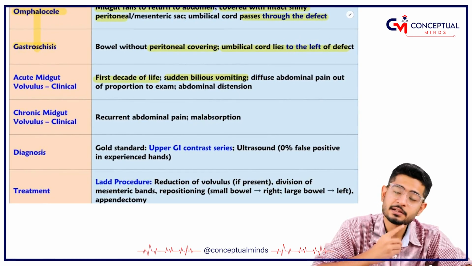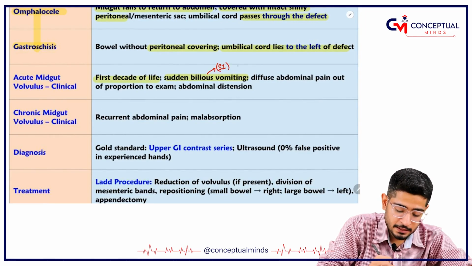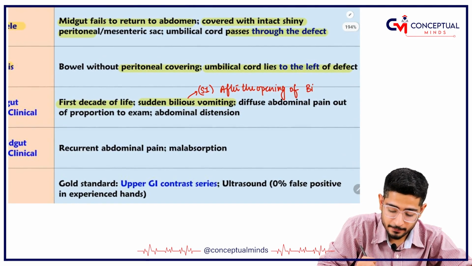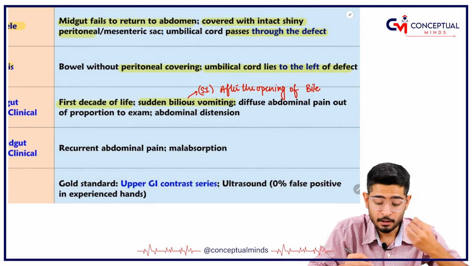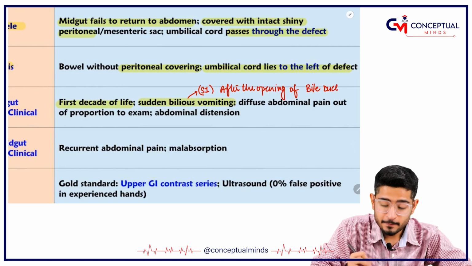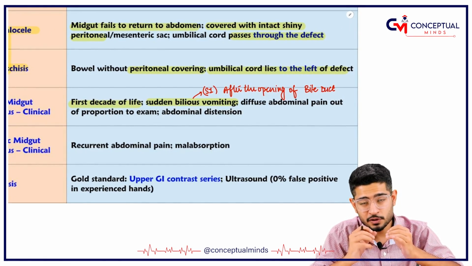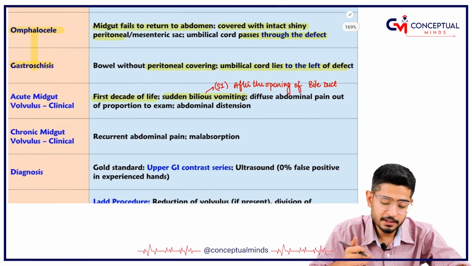Please understand that this malrotation is occurring in the small intestine after the opening of the bile duct. That's why, whenever there is a malrotation, it will be squeezed and the child is going to vomit out, bilious vomiting.